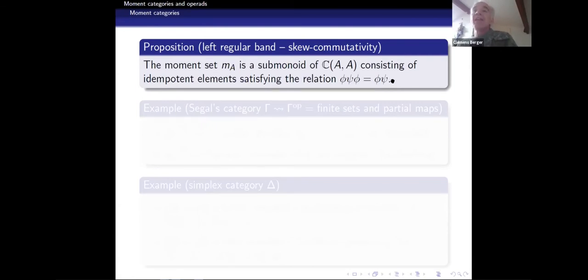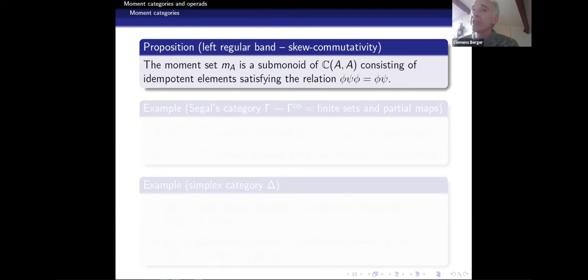And funnily enough, this relation exists in semigroup literature, and a monoid of idempotent elements which satisfies this relation is called the left regular band. So those who are acquainted with semigroup theory know this concept.